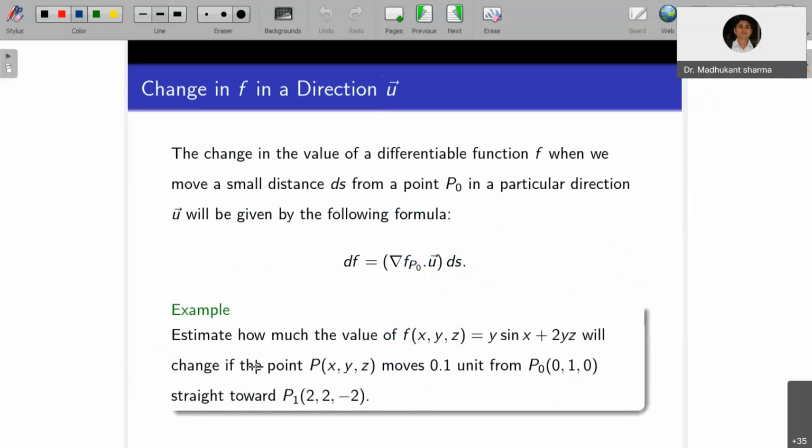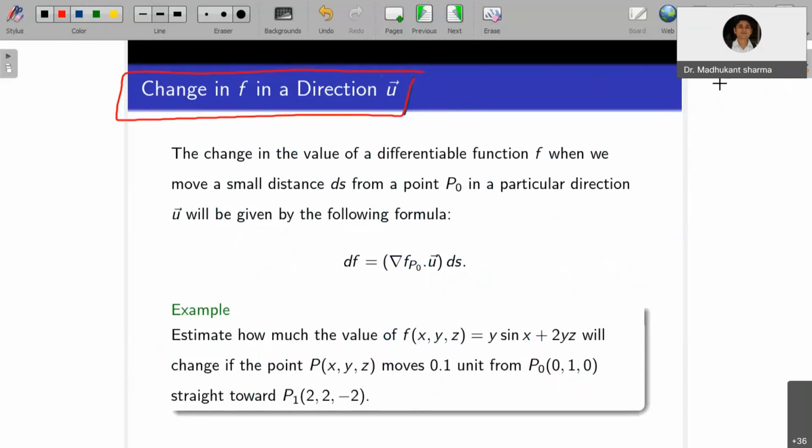Okay, now I hope this thing is very much aware among you. Change in f, forget about the direction right now.